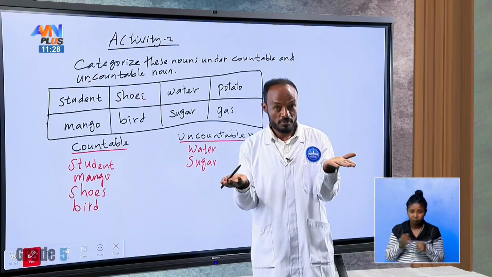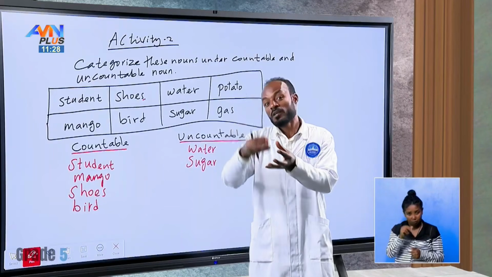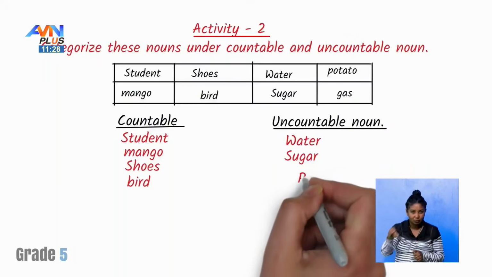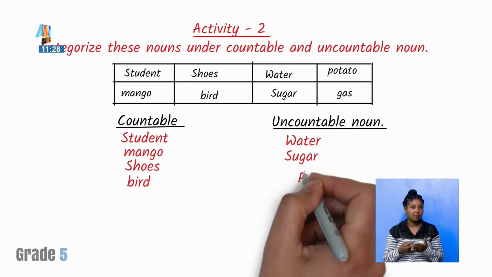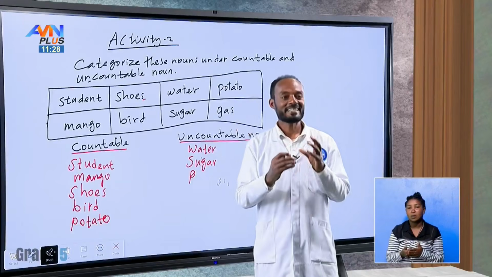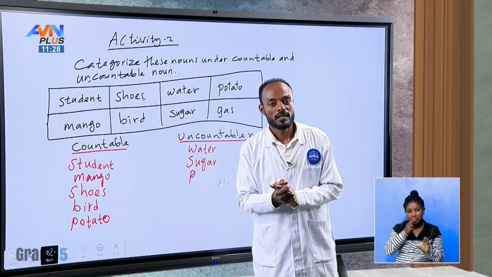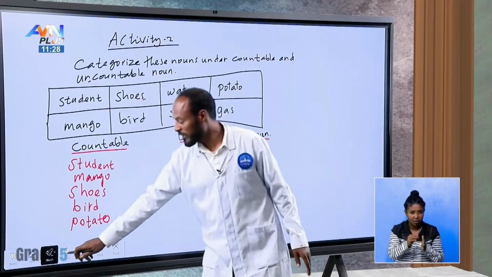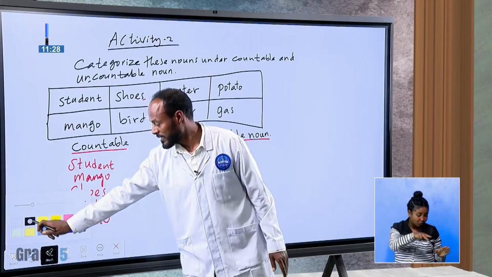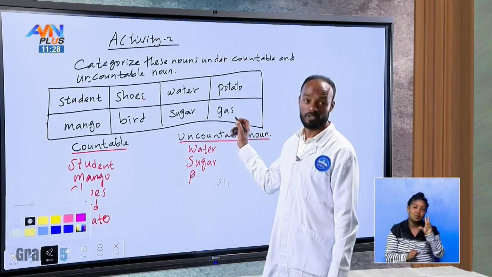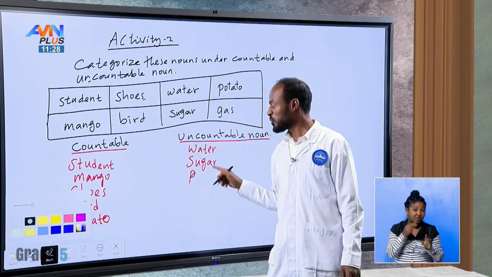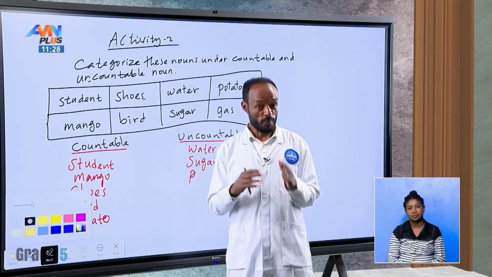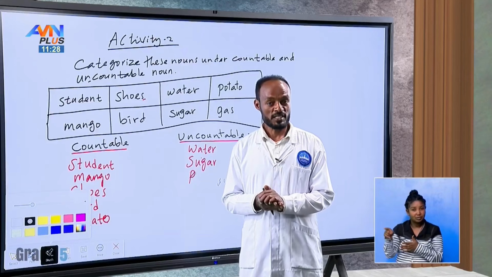It's possible because they are just large in size. So we can say potato here. What about gas? Is it countable or uncountable? That is uncountable. The word gas should be written under uncountable. I hope you did like this, isn't it?